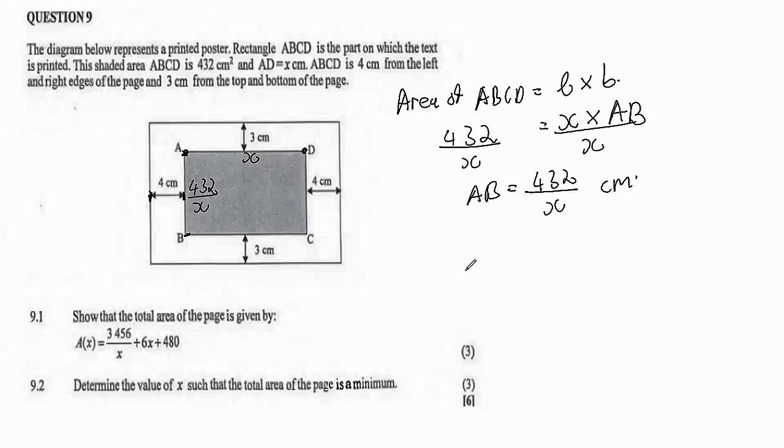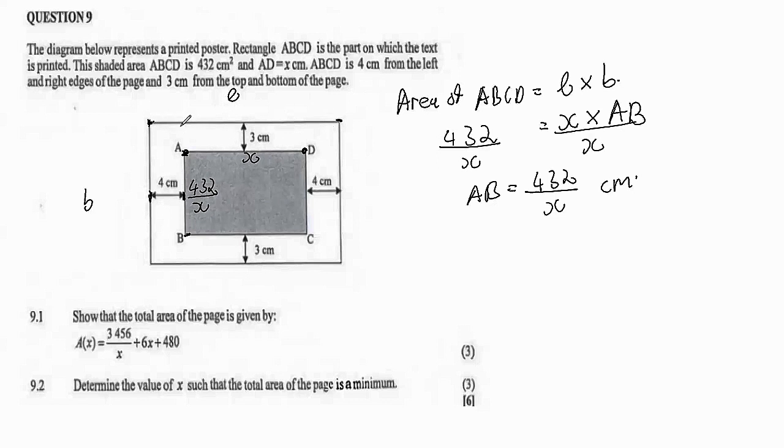Now, remember what we are supposed to get is the total area of the page, meaning the bigger rectangle here. Now, obviously, this is still a rectangle. So we still say this is our length from here to here, and then this here is our breadth. Now, we need to get the total length of this side here.